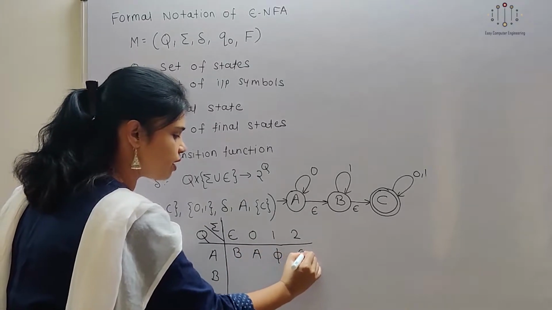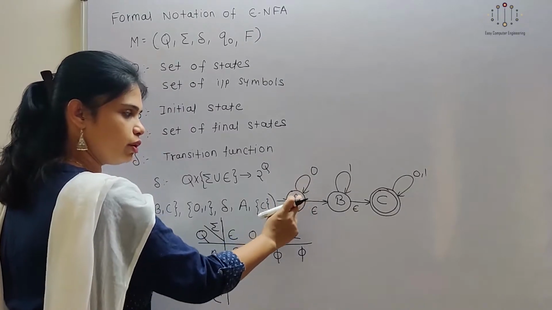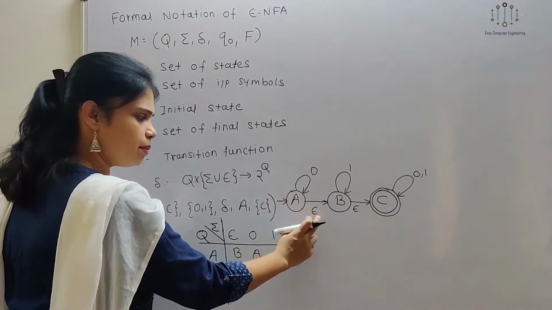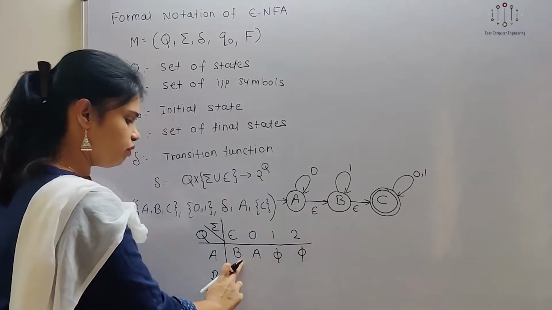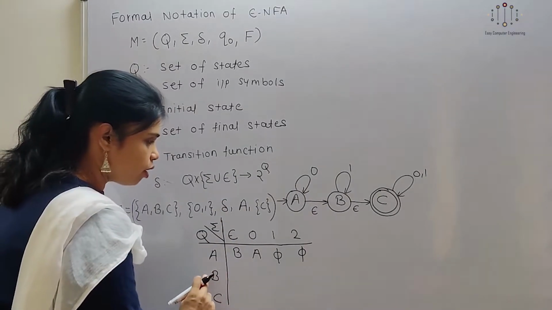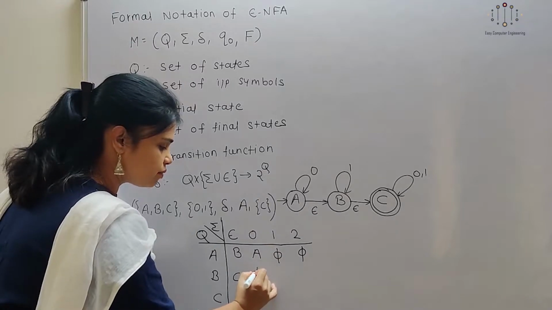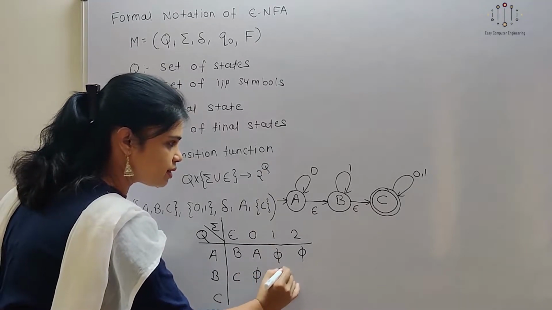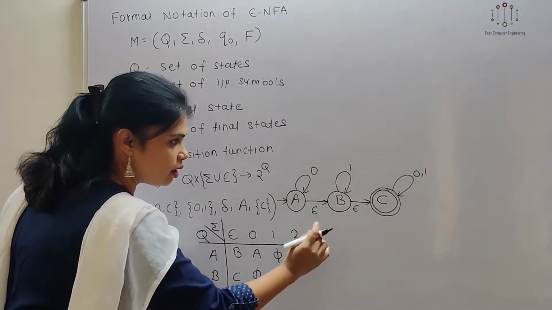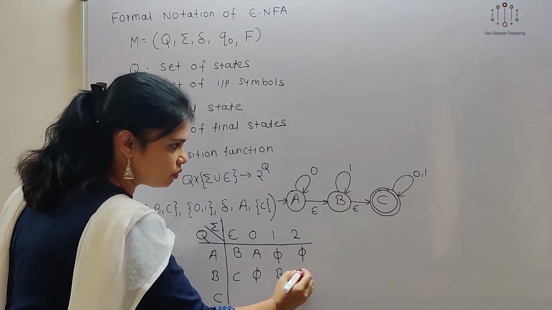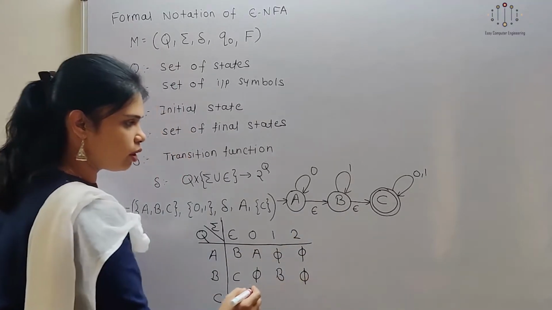On 1 there is phi. Means on 0 transition I am moving to A itself, and on epsilon transition I am moving to B. For B, the epsilon transition is C. On 0 the transition is phi. On 1 the transition is B itself.